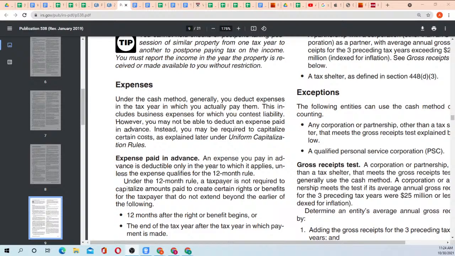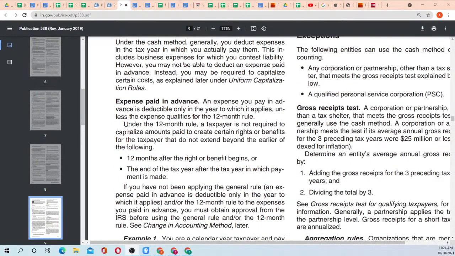For that reason, they implemented a capitalization rule, and they also implemented a special rule about expenses paid in advance. It's called the 12 months rule.